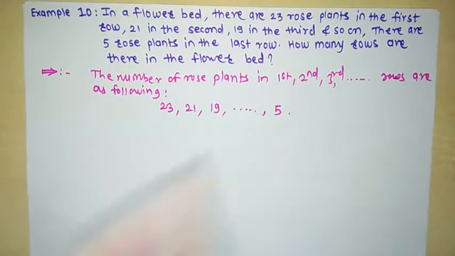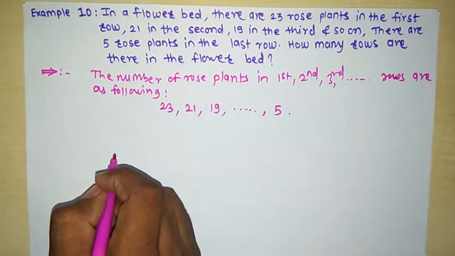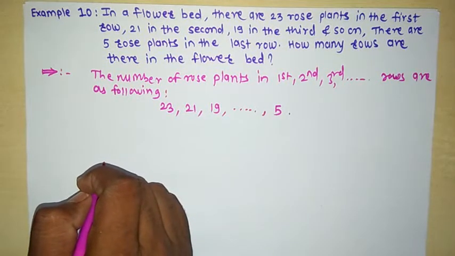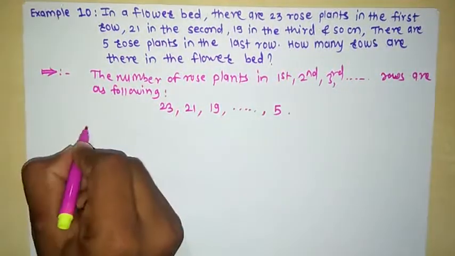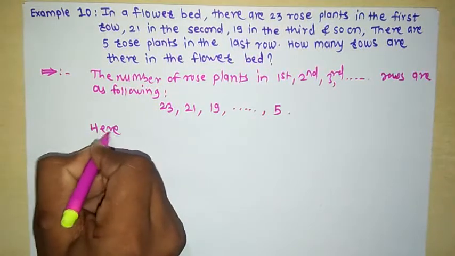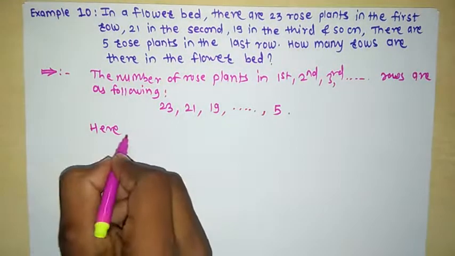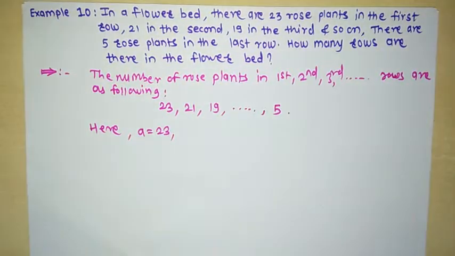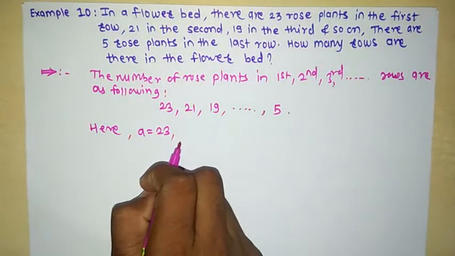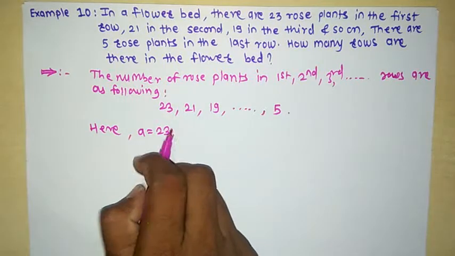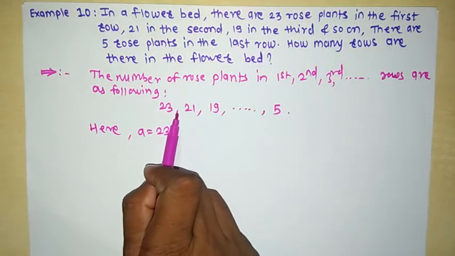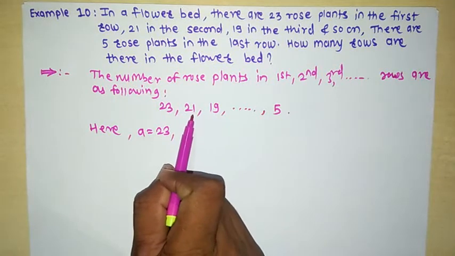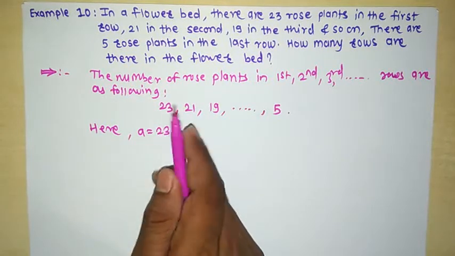This row is the last row. Now we need to find how many rows there are in total. Here A is equal to 23, the first term. And we have to check whether the difference between all consecutive terms is the same. 21 minus 23 is minus 2, and 19 minus 21 is also minus 2.